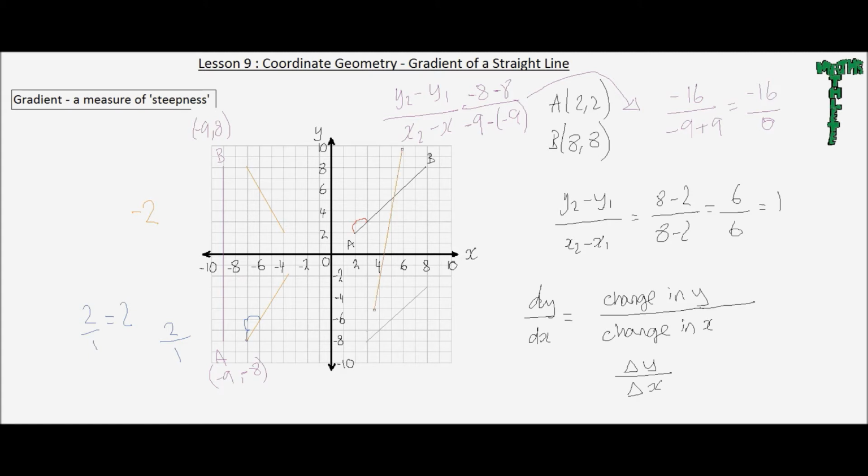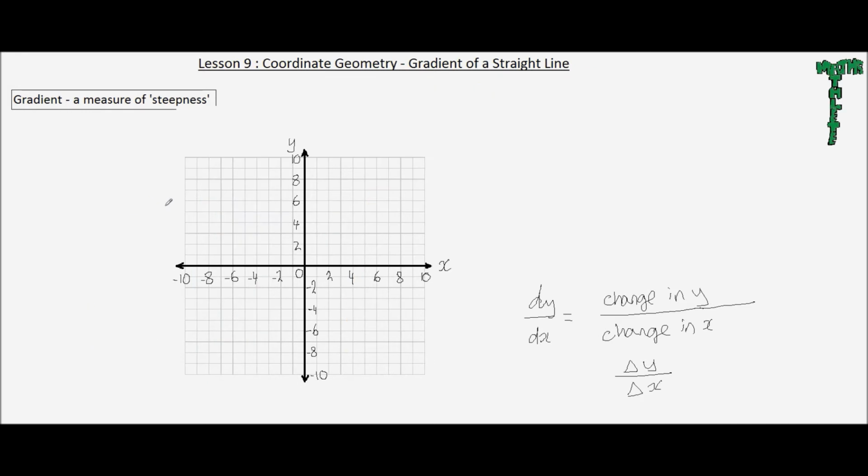So say, let's write this. I just had to make some space.